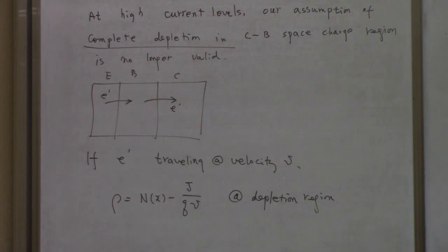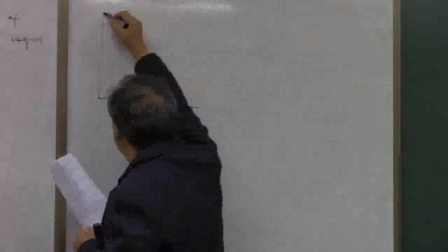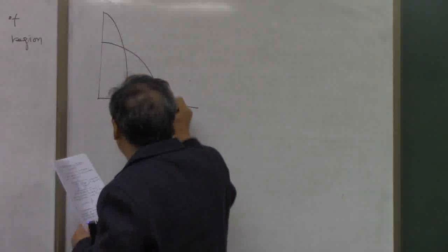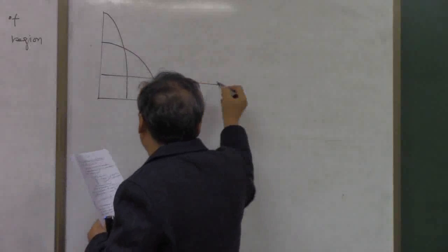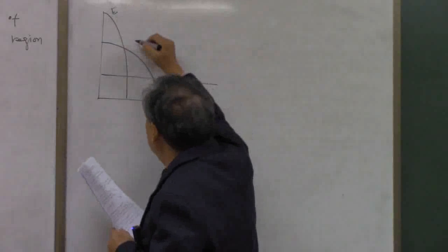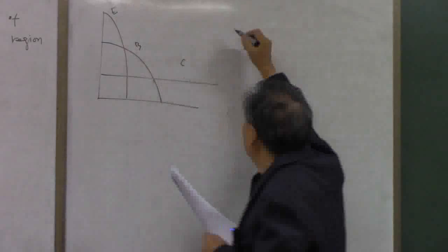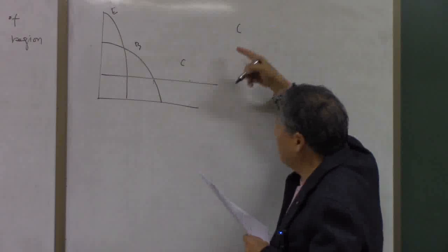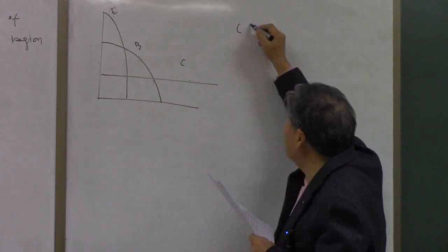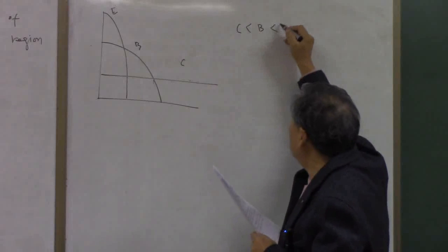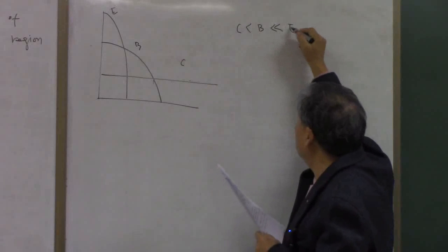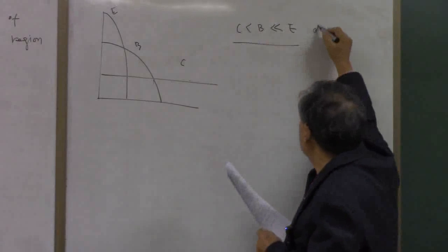So for this Kirk effect, the concentration profile is going to look like this. It's emitter, base, collector. The doping concentration of the collector is less than the base and very much less than the emitter doping concentration.